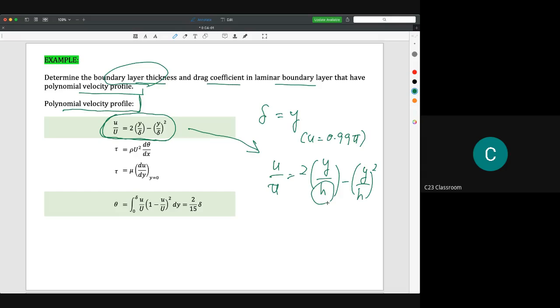But now we assume that the distance from the local velocity 0 to 99% is delta.